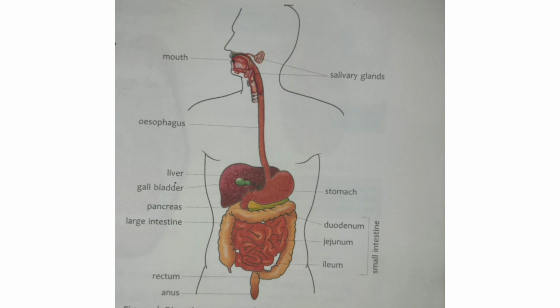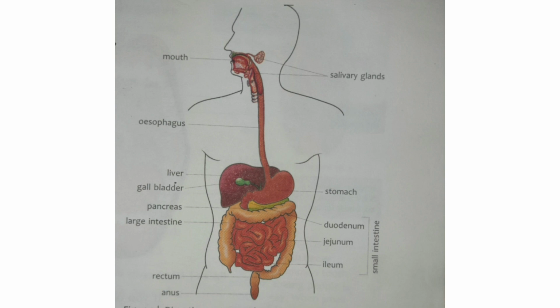In this picture you can see that after the stomach the small intestine comes. The small intestine is a narrow, long, coiled tube-like structure that consists of duodenum, jejunum and ileum.